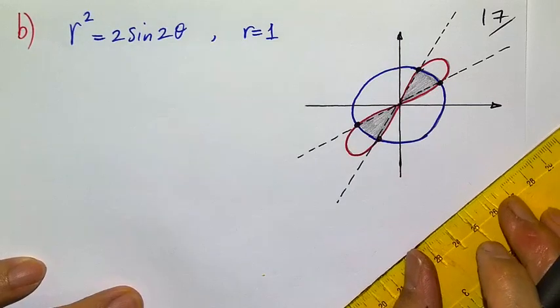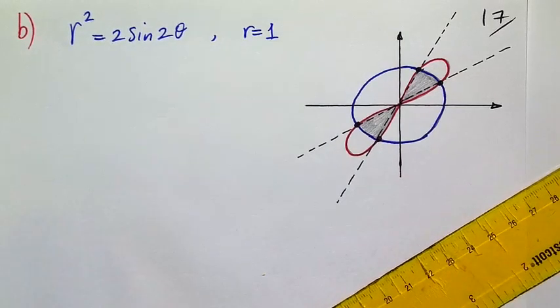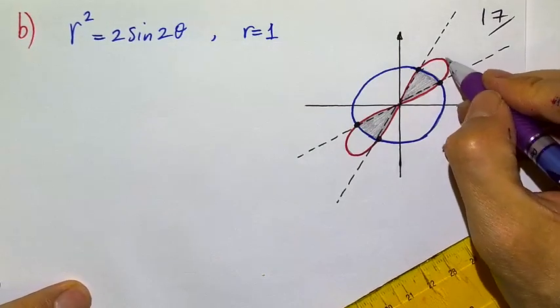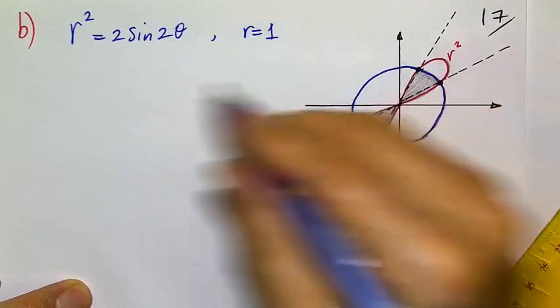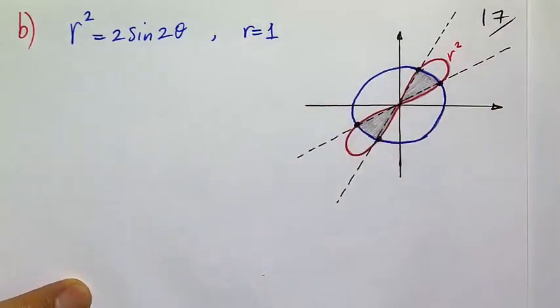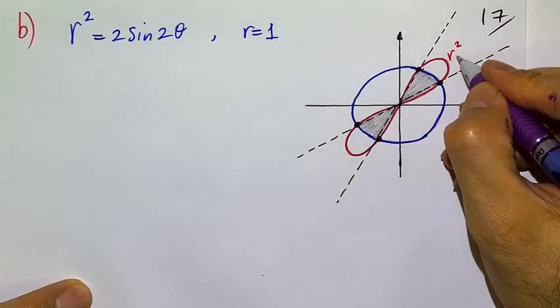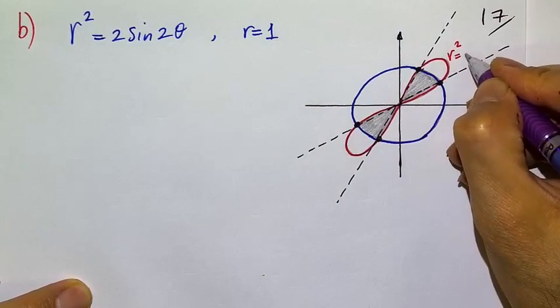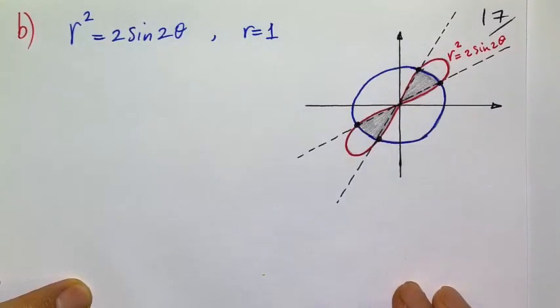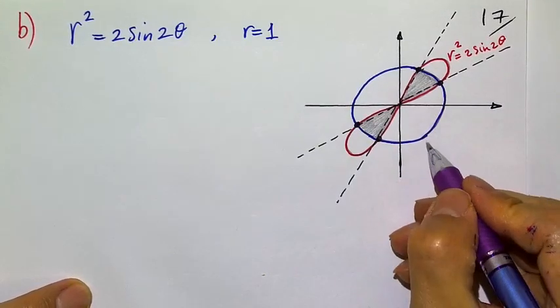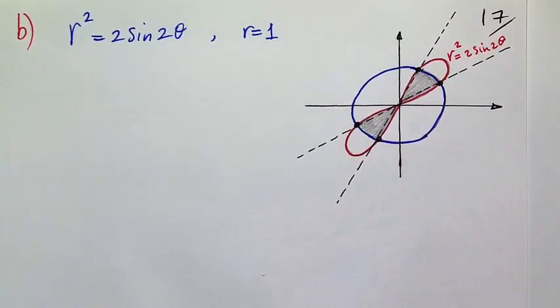So let me actually label this graph. The red one is r squared, of course, the other one, right? So we have r squared equals 2 sine 2 theta. And the circle, of course, is r equals 1.